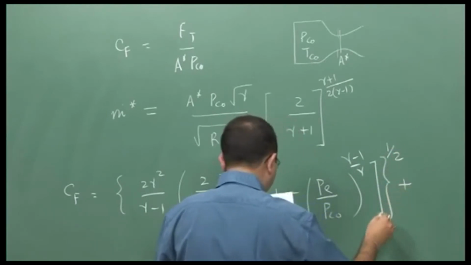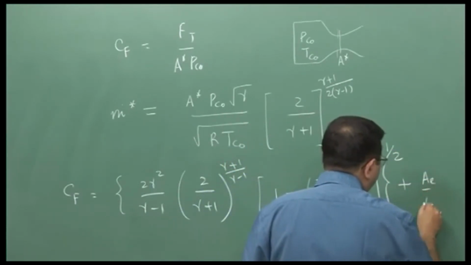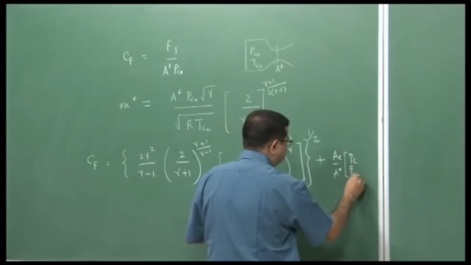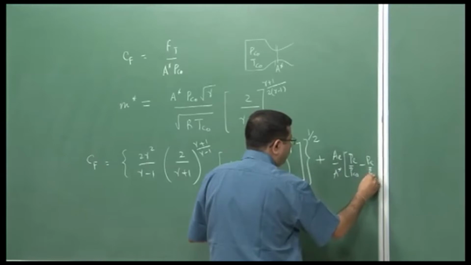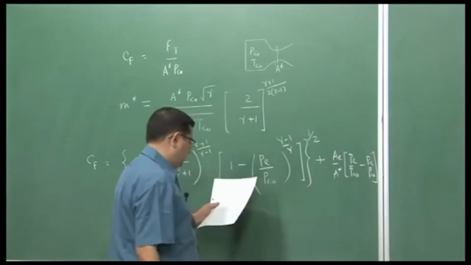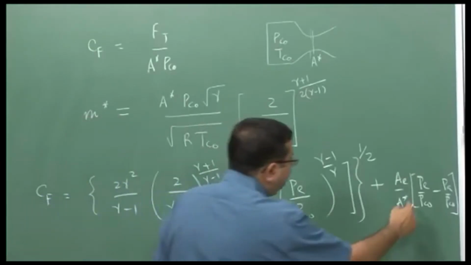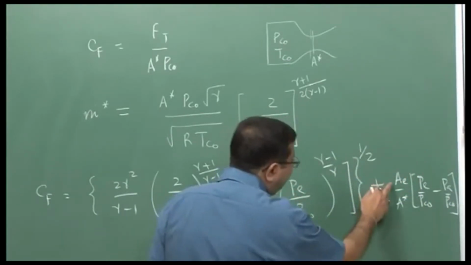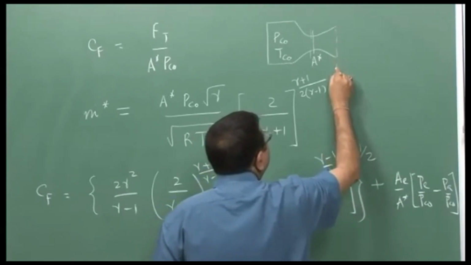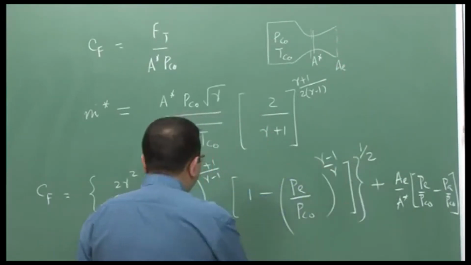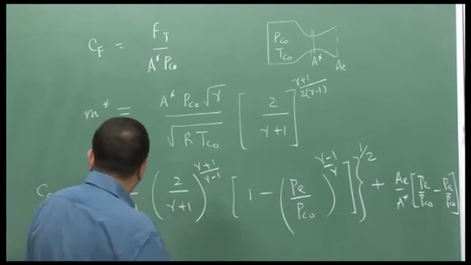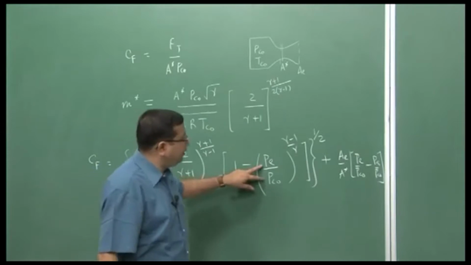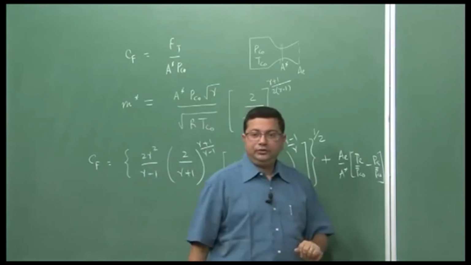This is the momentum thrust and the pressure thrust is given as here. P e is the exit pressure at the exit of the nozzle, P a is the ambient pressure, A is the exit area, that is the area here, and therefore, we see that the thrust coefficient is a function of gamma, the pressure ratio and the area ratio.